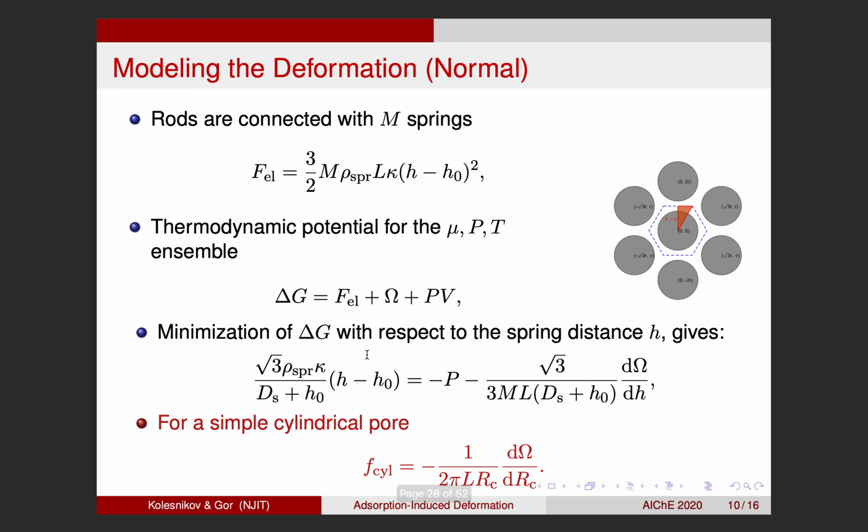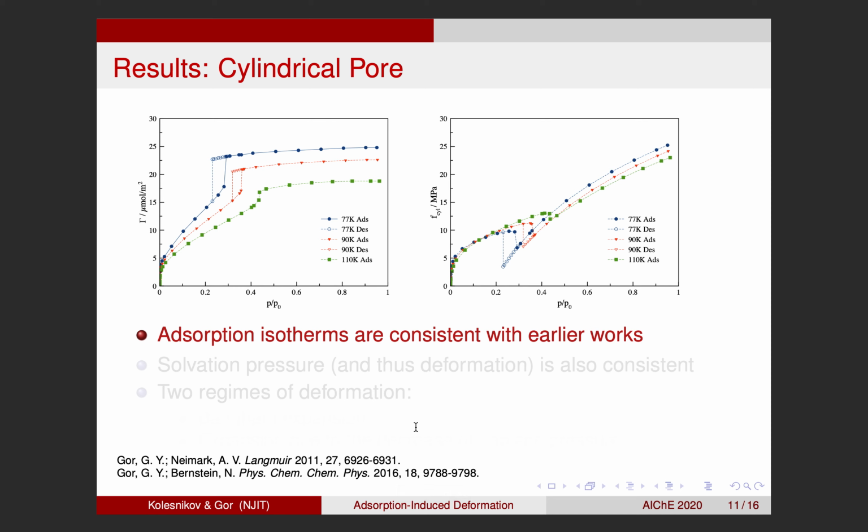Well, to compare it with a simple cylindrical case, which has been done years before, that's how the solvation pressure looks for the cylindrical case. And before showing the results for our hexagonal geometry, I'll show you the results for the cylindrical pore. Our calculations using our model with the same parameters for the cylindrical pore give very reasonable results for both adsorption isotherms in the range of pressures and for the solvation pressure and the deformation.